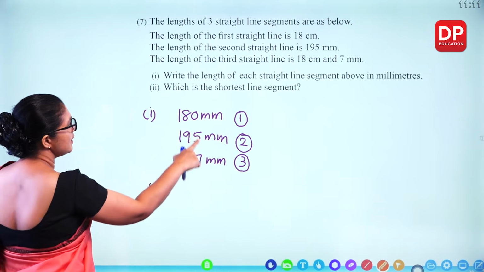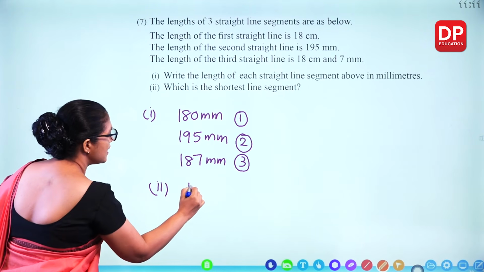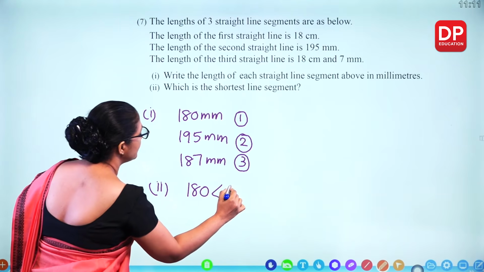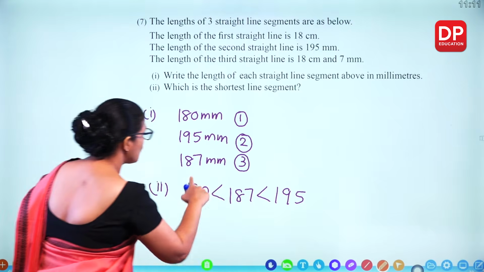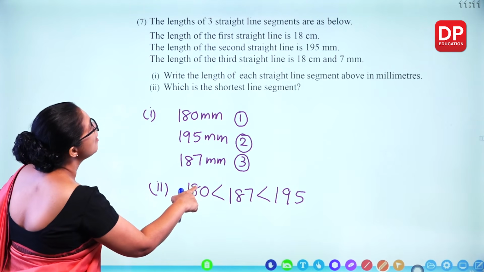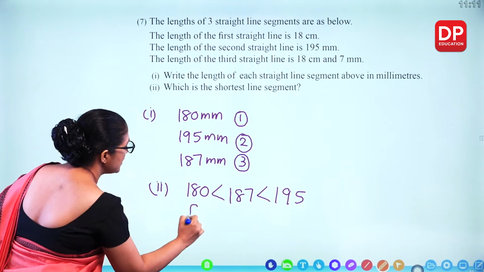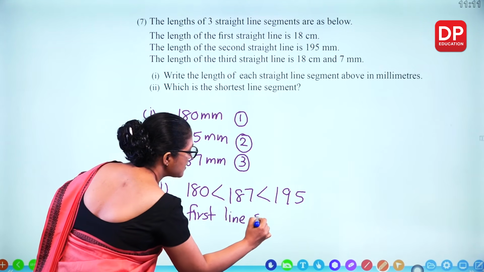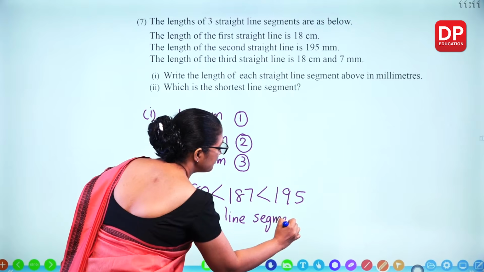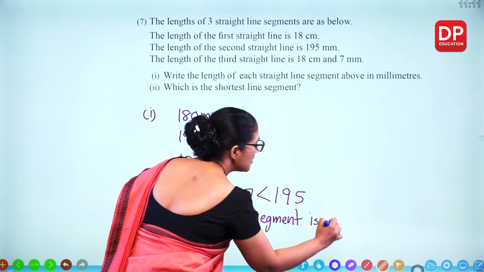Look carefully. 180 is the smallest value and the largest is 195. So 180 means the first line segment is the shortest.